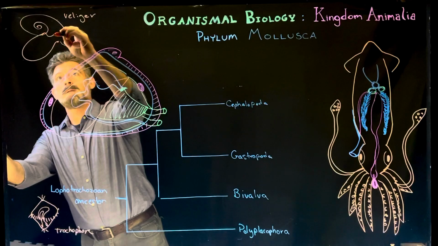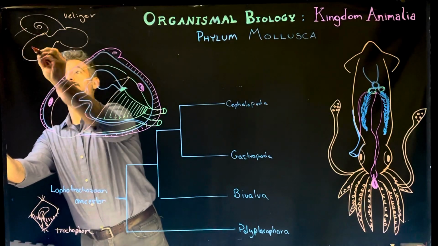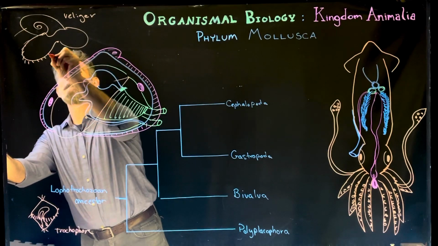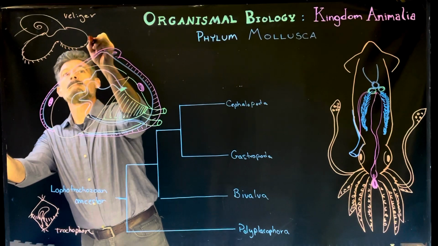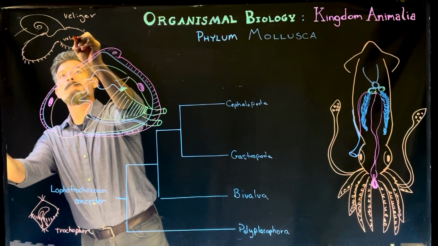So this is a larval shell. And this is the velum.